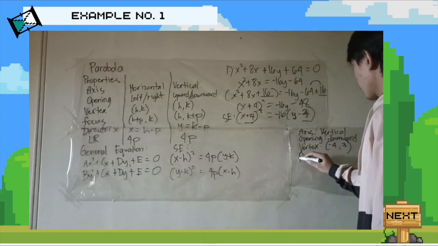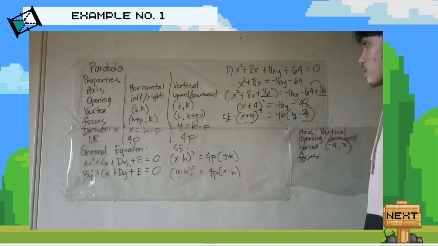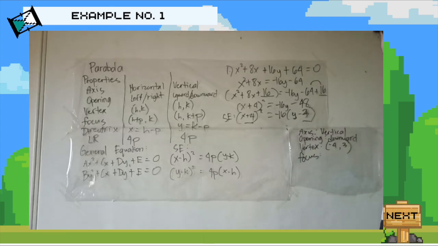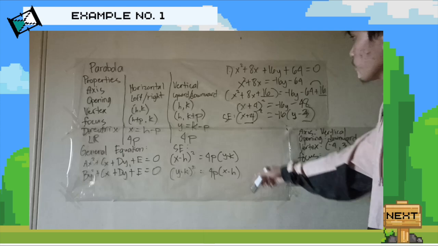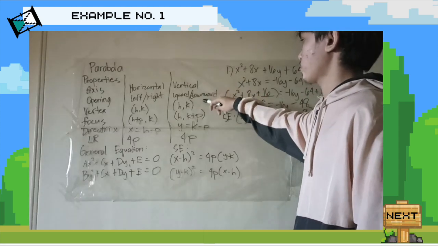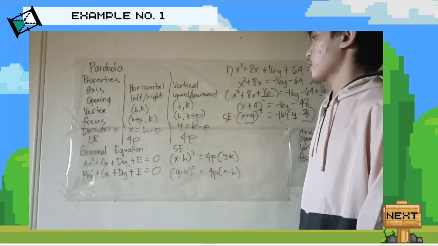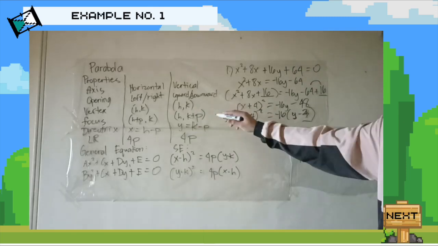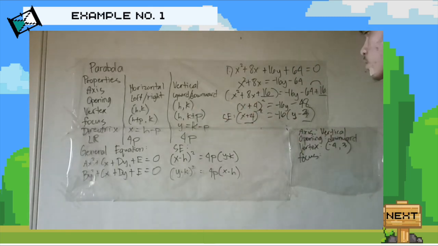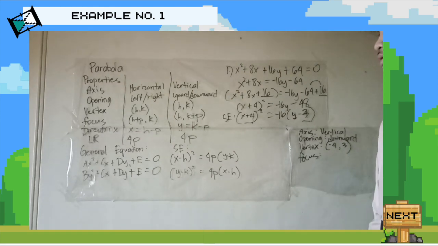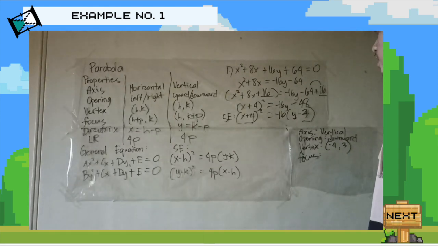Next is the focus. The formula for the focus of a vertical downward parabola is h comma k plus p. We first need to get p.